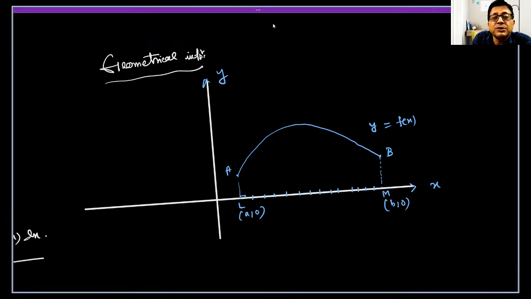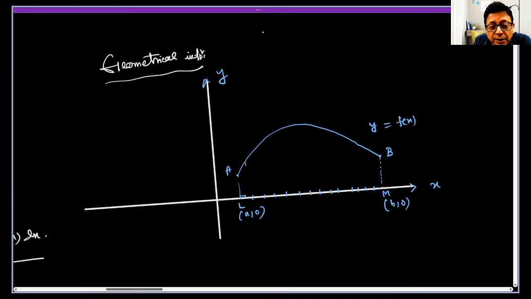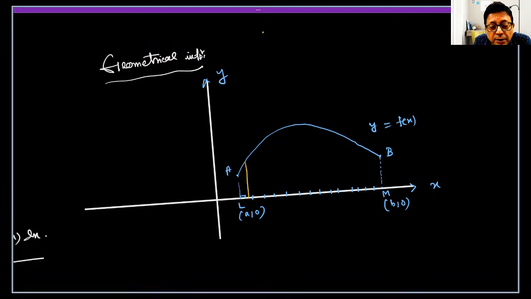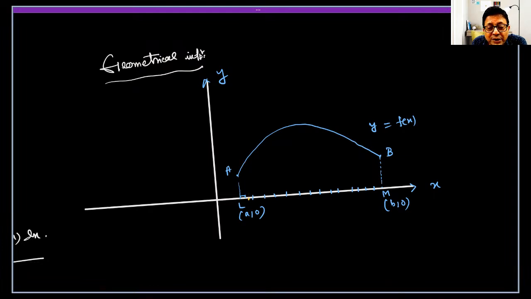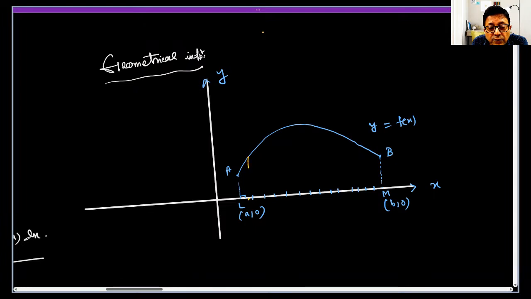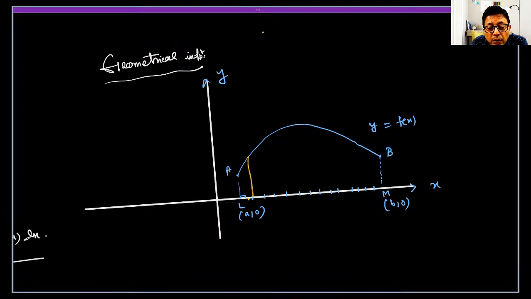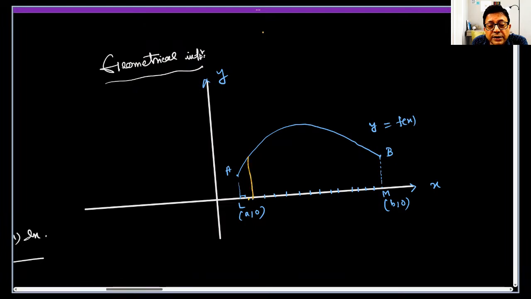In the first case, when you multiplied h with f(a), okay, this point has coordinate. Just a minute. Let me make the diagram a bit bigger for better understanding. This is a perpendicular drawn on this point from the curve.